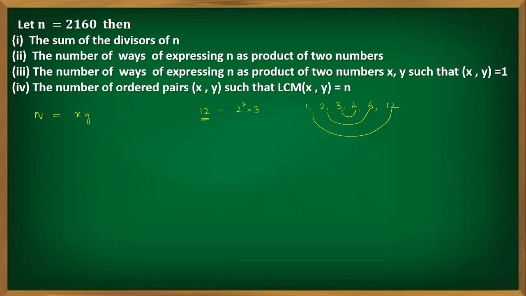Now you see a simple logic in this. Whenever you want to write 12 as a product of two numbers, the two numbers must be divisors, right? So for example, one divisor of 12 is 1. Whenever you select 1 into, something should come here. What is that? The other divisor. What is that other divisor? It is 12. Now for the second divisor 2, there is only one chance to fill up this place.